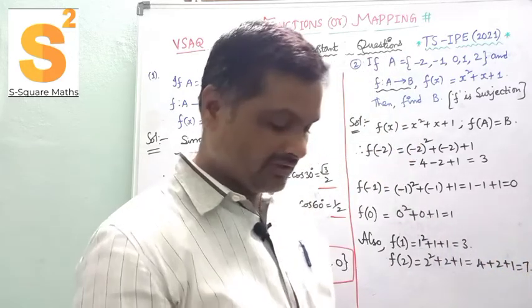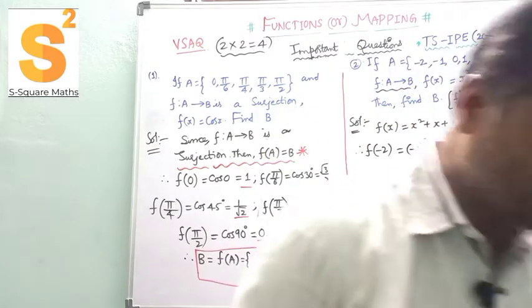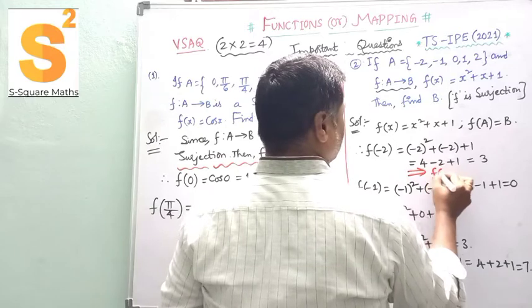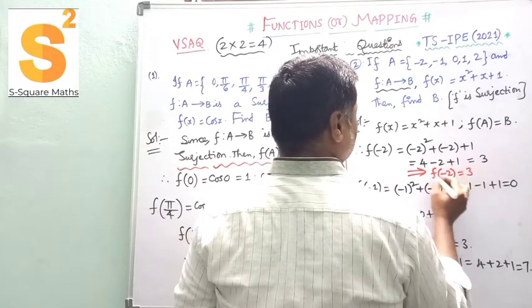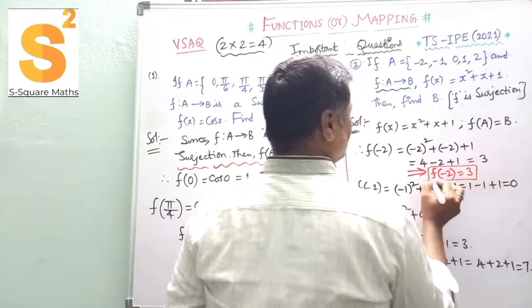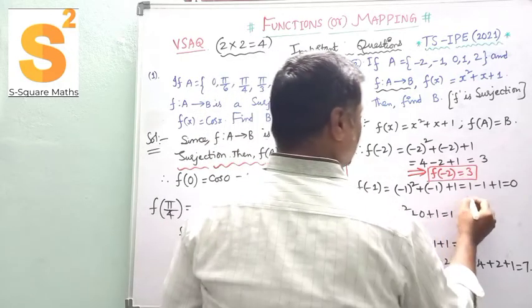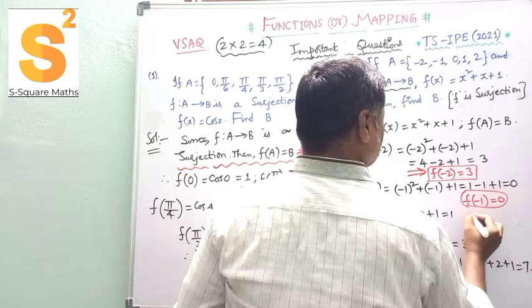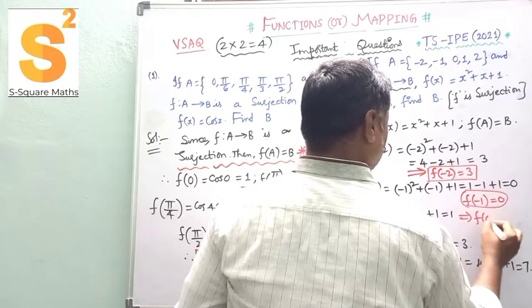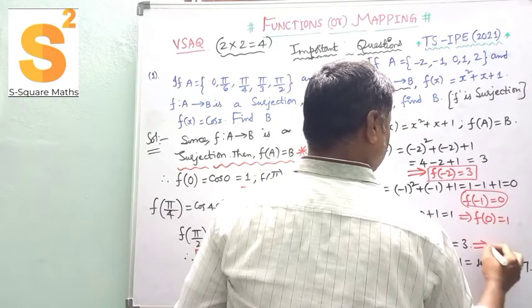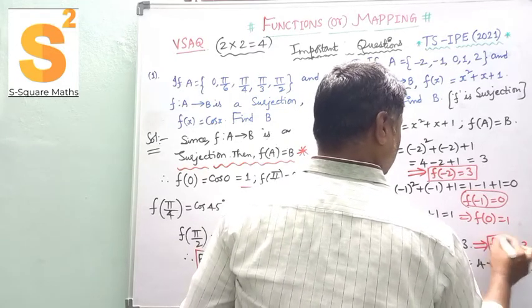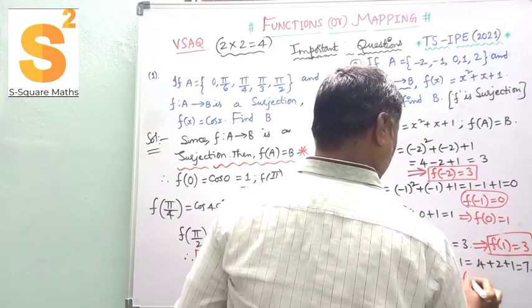Once again I am writing all the values I got. f of minus 2 is 3, f of minus 1 is 0, f of 0 is 1, f of 1 is 3, and f of 2 is 7.